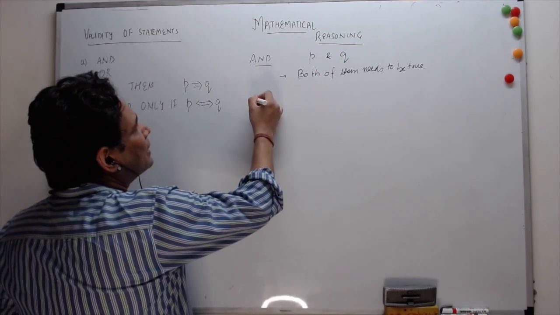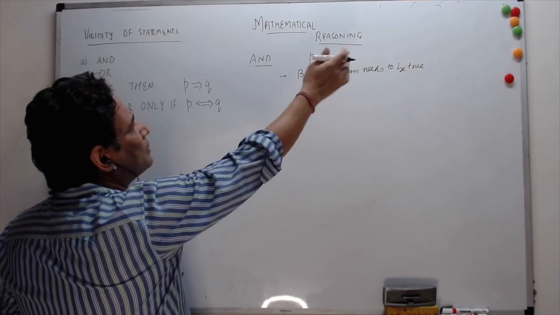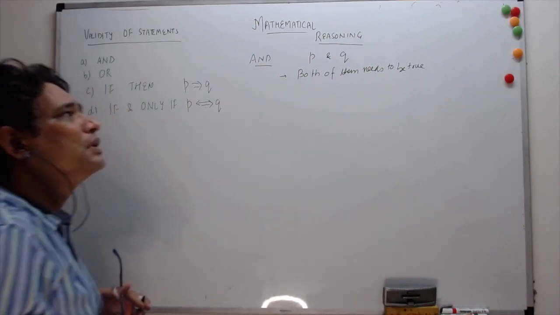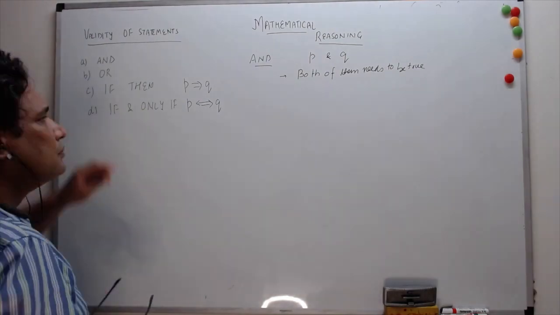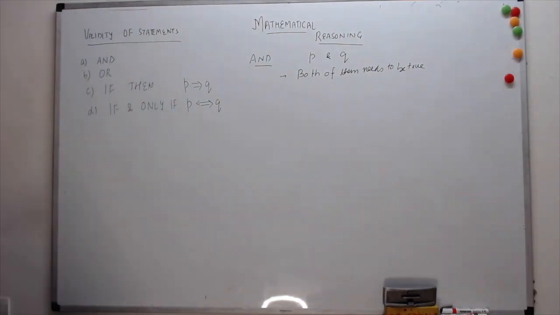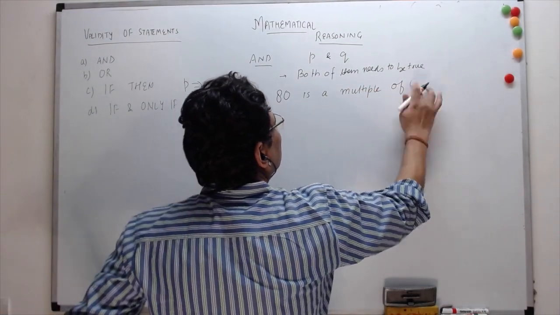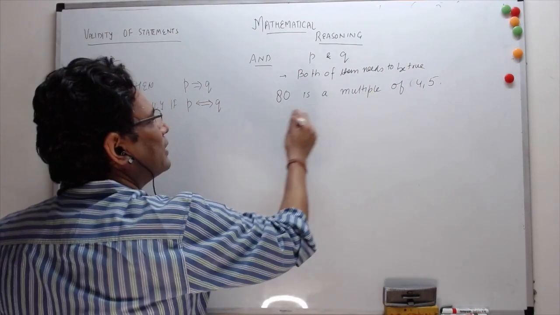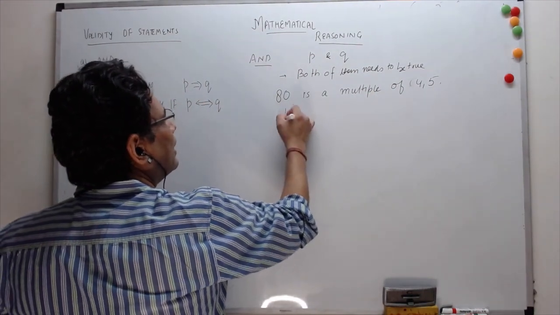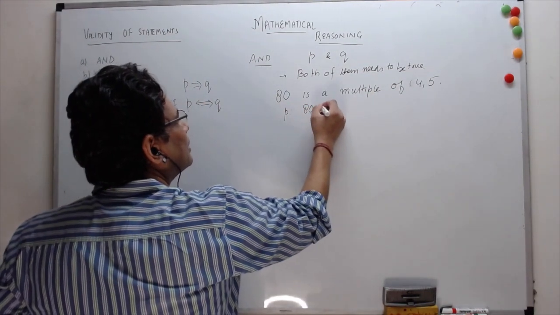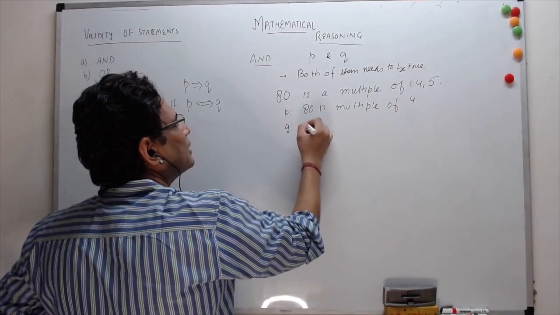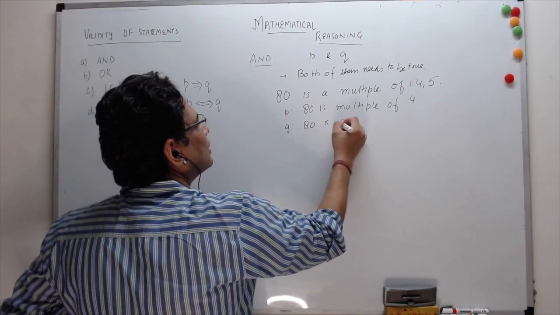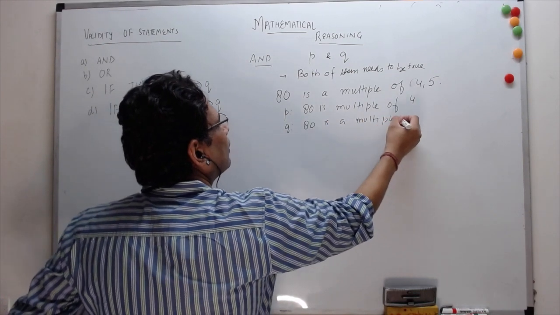We've seen examples of it. Say, for example, by this we are saying that 80 is a multiple of 4, and also we are saying that 80 is a multiple of 5.